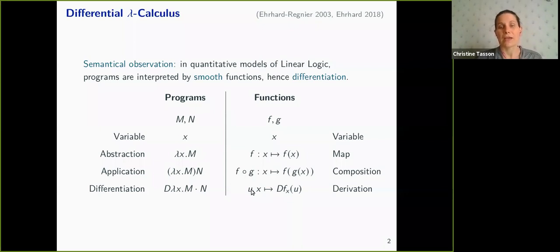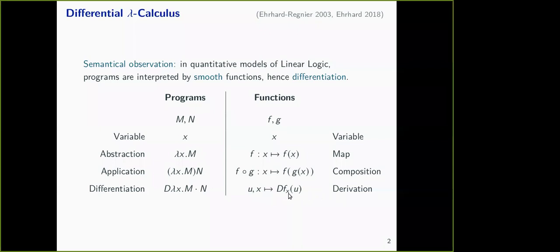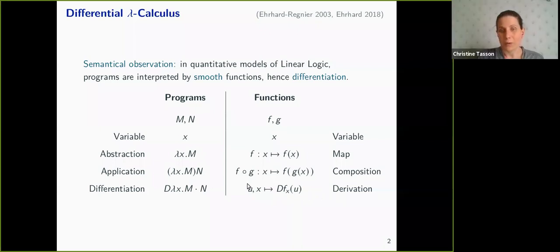And it corresponds to the derivation in standard mathematics. So the operator, which is dfxu, is linear in U. It's the derivation in X, which is non-linear in X, but which is linear in U. And there is a similar phenomenon in the substitution that allows to reduce the derivation operator, the linearized application.